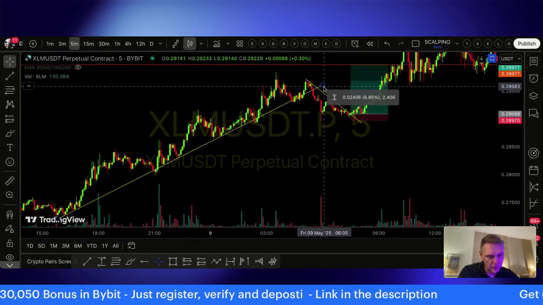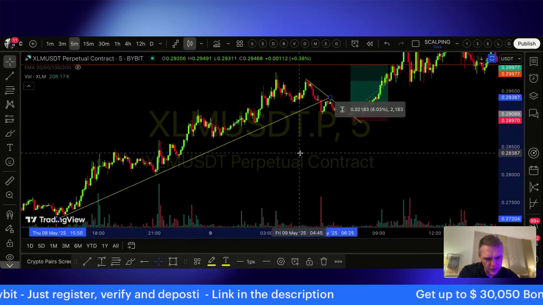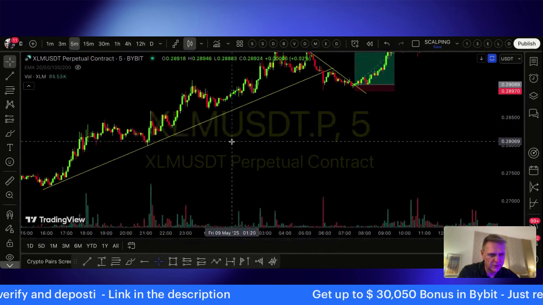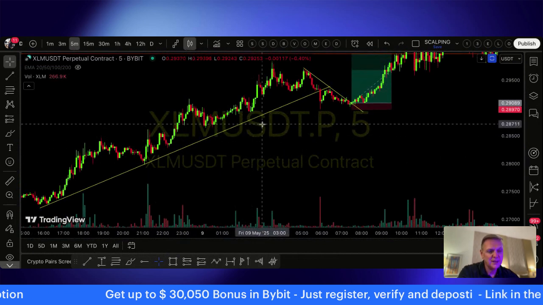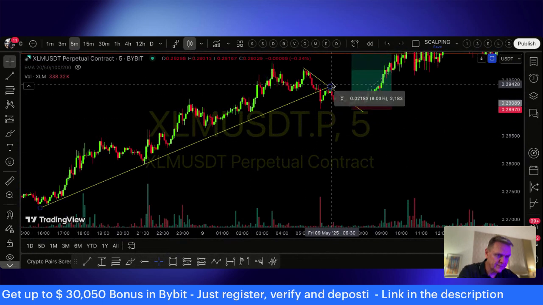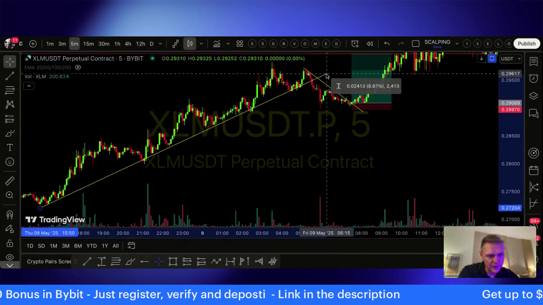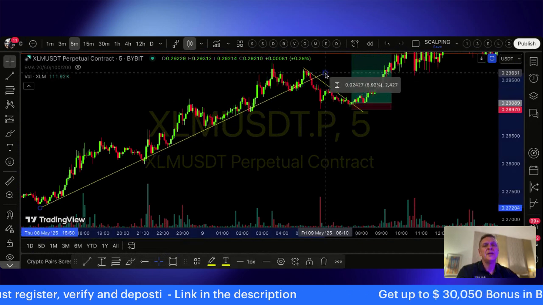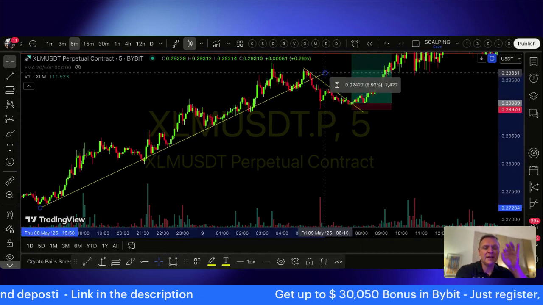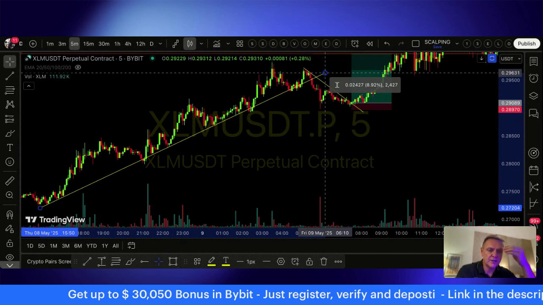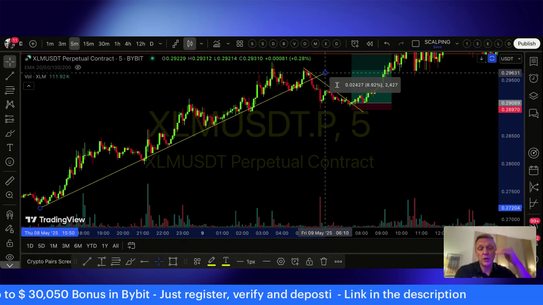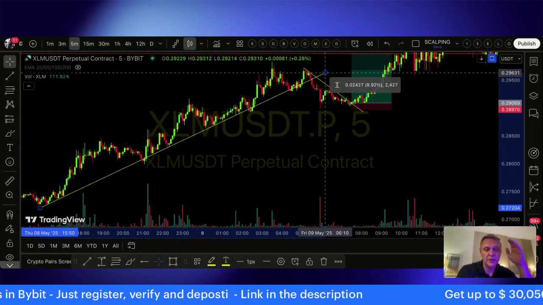You cannot say, oh no, now I have to connect the wicks because that's how it goes. I always prefer to be a little bit flexible, and if you see a trend line and there are a lot of touch points on one hand, but there is some price action that goes below or above the trend line, ignore it, just ignore it.